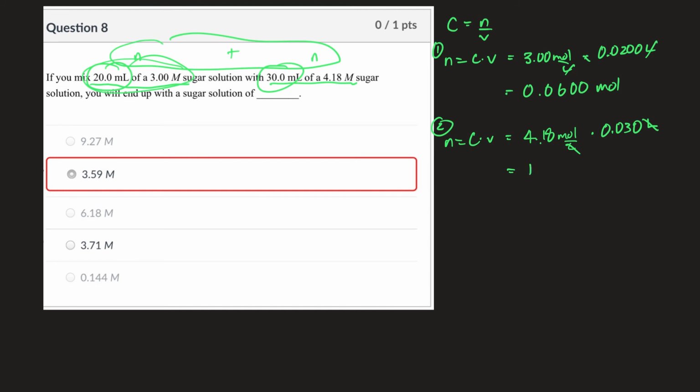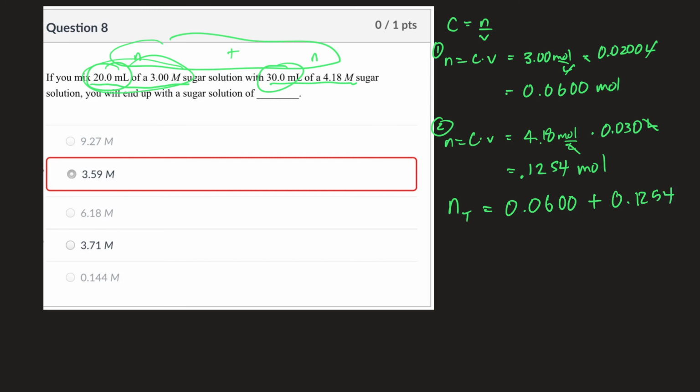So that gives me 0.1254, and that's moles. Okay, so my total number of moles is going to be equal to 0.06 plus 0.1254.